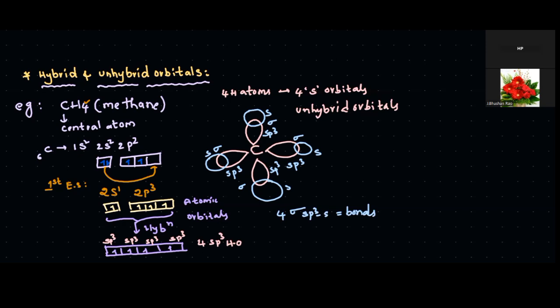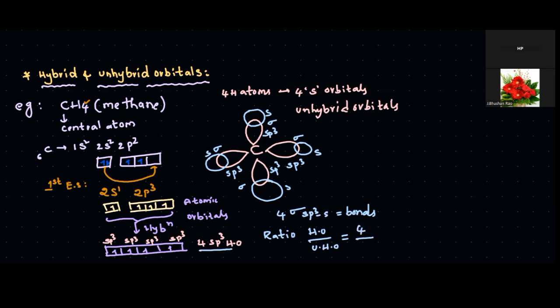Now, they will commonly ask the ratio of hybrid and unhybrid orbitals. So what is the ratio of hybrid orbitals to unhybrid orbitals? The number of hybrid orbitals here is 4, divided by unhybrid orbitals, again 4 s orbitals.